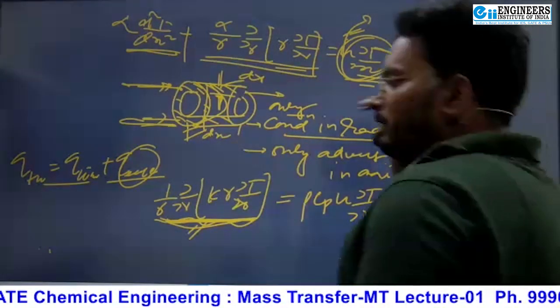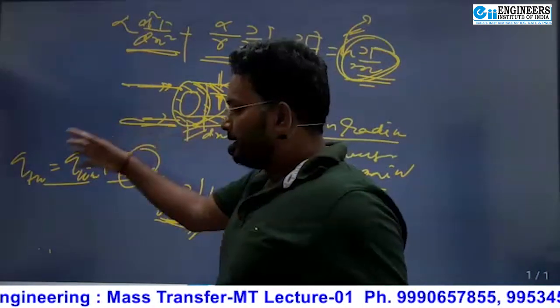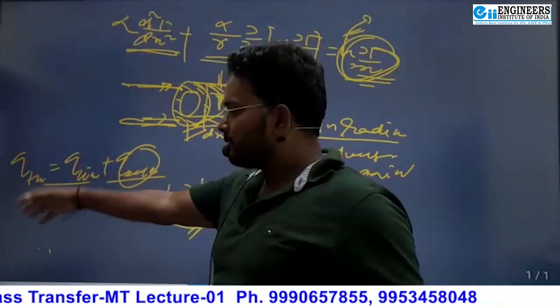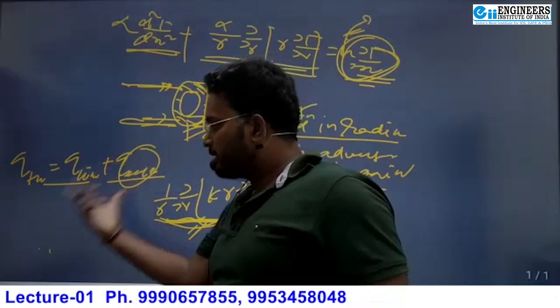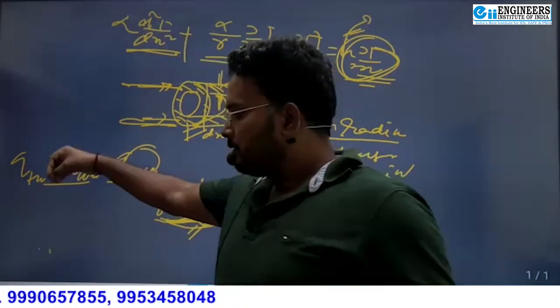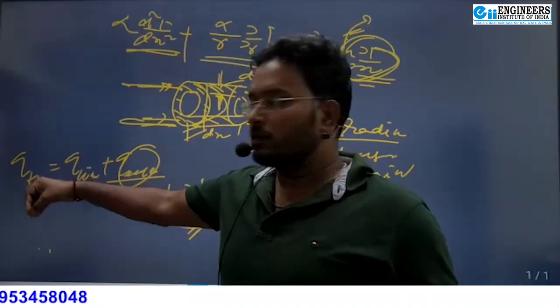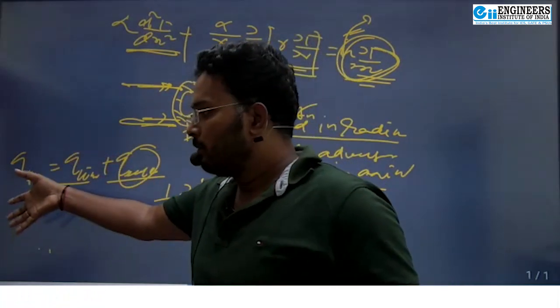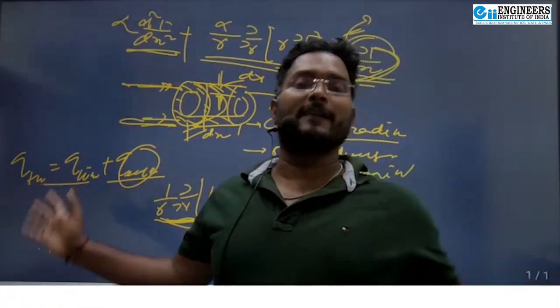Clear? And since eddies are there, you have seen in momentum transfer or heat transfer, whatever subject you have covered, we derived an exact analytical solution only for laminar flow. But when turbulent flow is there, we should be very relaxed.